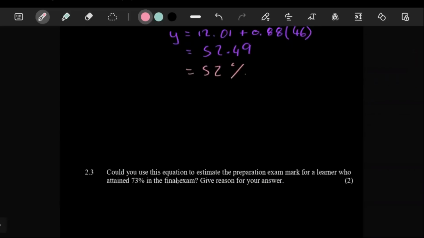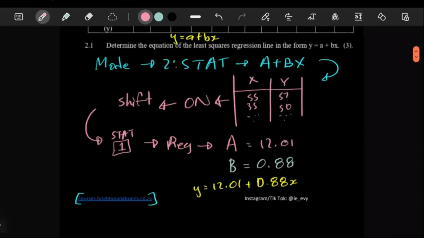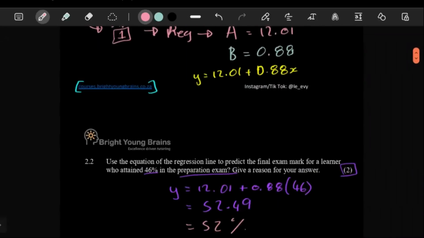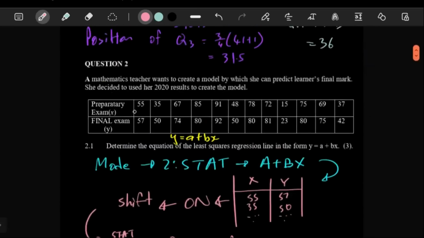Could you use the equation to estimate the preparation exam mark for a learner who attained 73 in the final exam? Well, this kind of a question, we have to be careful because in this kind of equation, remember your value for x is what determines what your final mark is going to be.